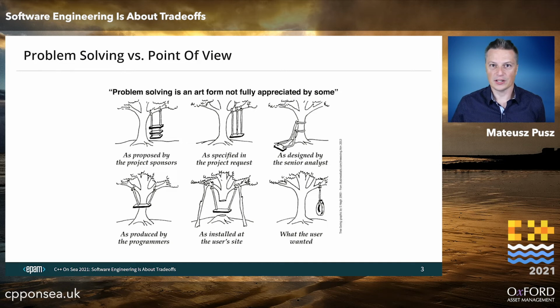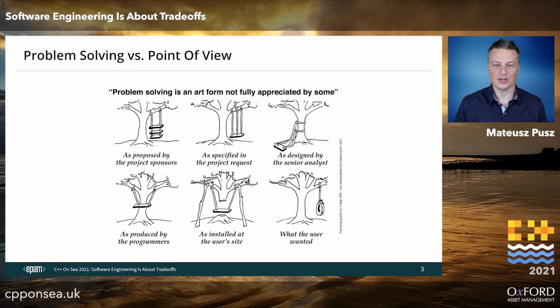When I, as a solution or software architect, talk to customers about the product they want to get, it turns out that it's really hard to find what they actually want, because it depends whom you are talking to. When I'm talking with developers, they want one thing. When I'm speaking with architects, they want something different.